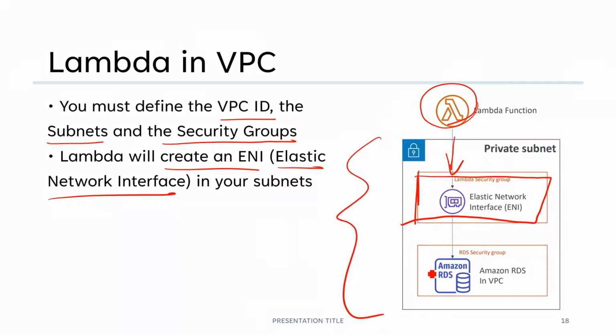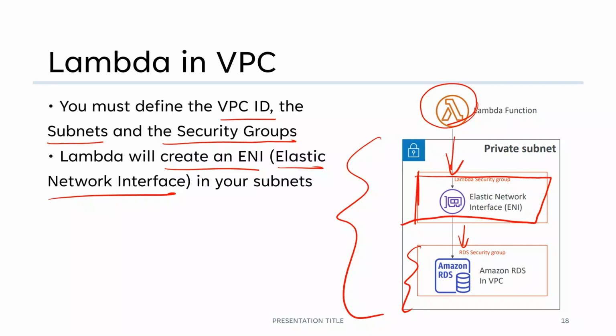There is an RDS instance, and this Lambda function needs to access it. Simple as that. The RDS security group must allow incoming SQL connections from the Lambda security group. If it allows that, then you can access this RDS instance. So you need to define the VPC ID, the subnets, and the security groups while launching a Lambda in your VPC.